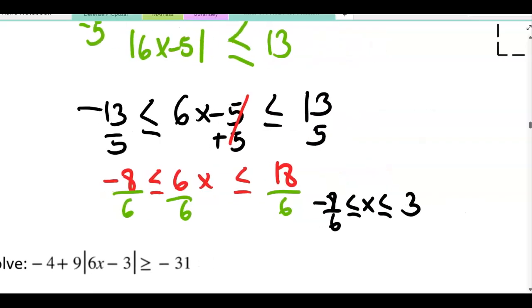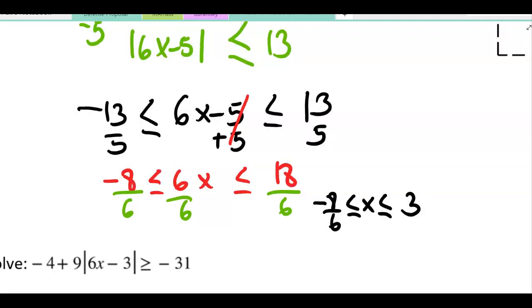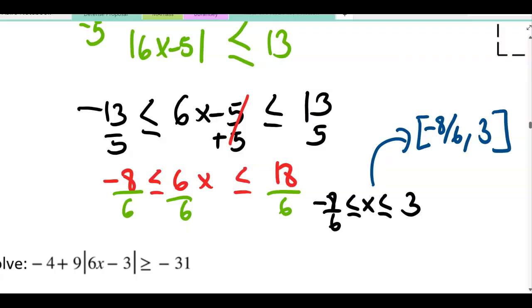We're probably going to be asked on the test or anywhere else to show it in interval form. So the interval form will be [-8 over 6, 3]. One question that comes to your mind: do we need to simplify this -8 over 6? I'm fine with this.